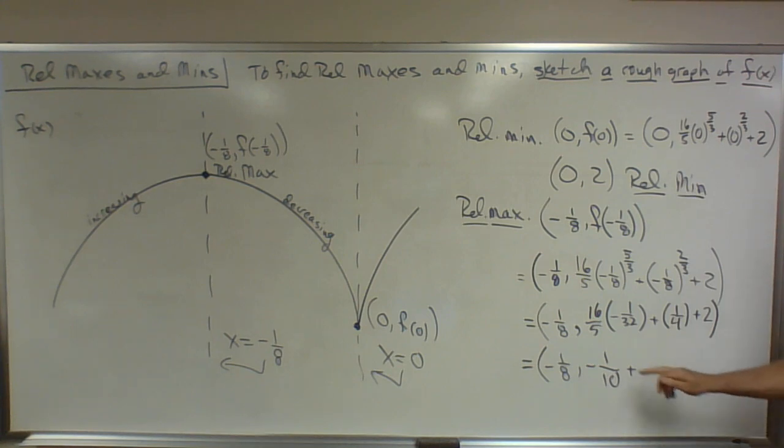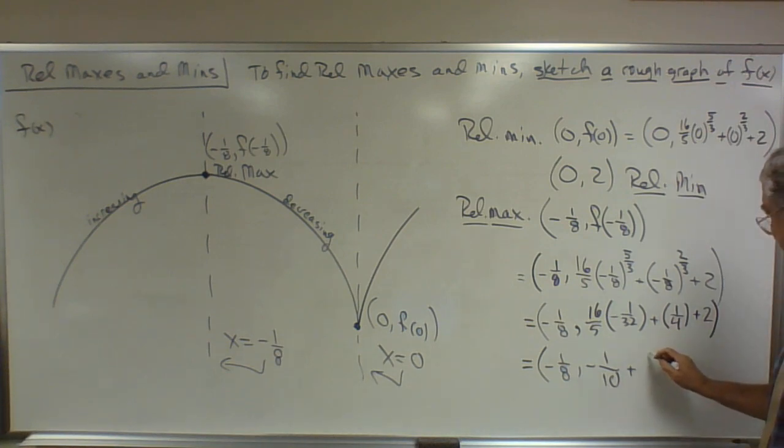Okay, this is negative 2/20 plus 5/20 is positive 3/20 plus 2. Positive 3/20 plus 2. 2 is 40 over 20. 3/20 plus 40/20 is 43/20.